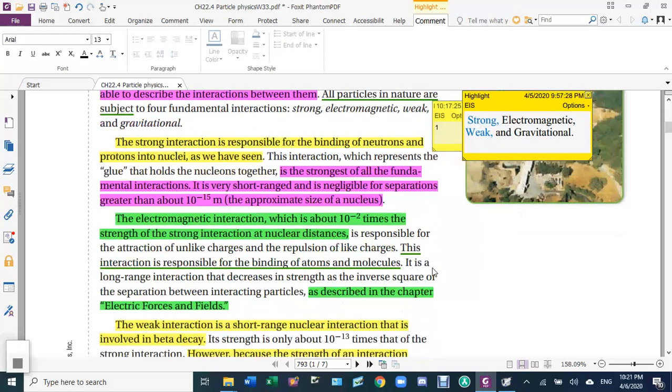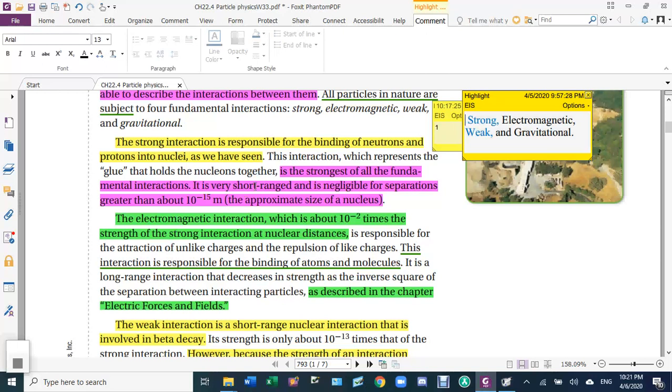The first, the strong interaction, is responsible for the binding of neutrons and protons into nuclei, inside the nuclei. This interaction, which represents the glue that holds the nucleons together, proton with neutron, proton with proton inside the nucleus, is the strongest of all the fundamental interactions.